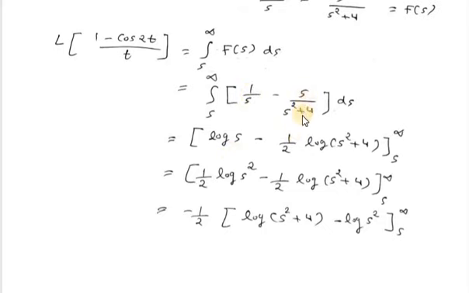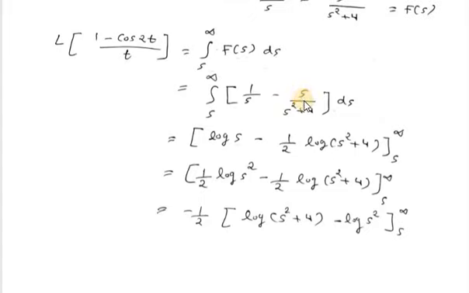And for the integration of s over s square plus 4, to integrate this function you have to multiply the numerator by 2 and divide by 2. So 1 by 2 stays as it is, and in the denominator you have s square plus 4, and its derivative 2s will be in the numerator.